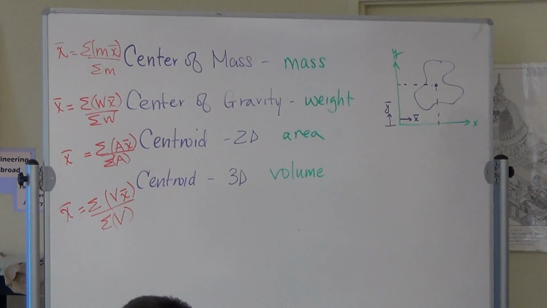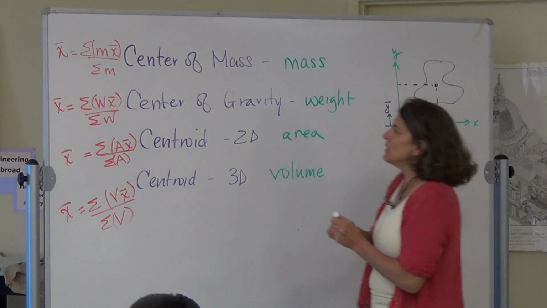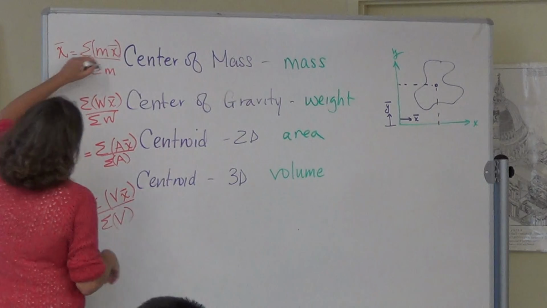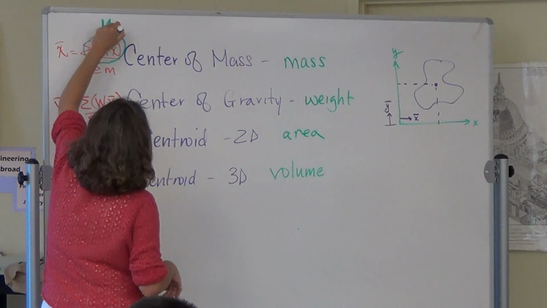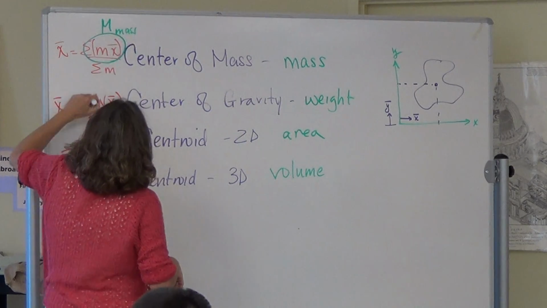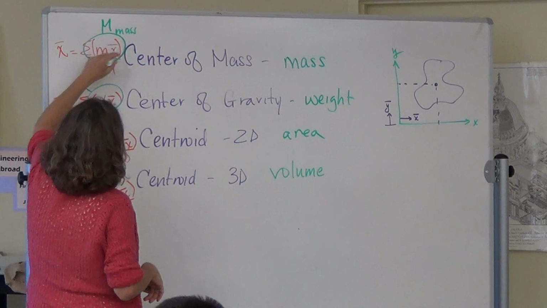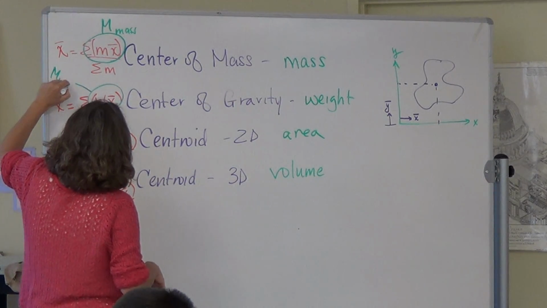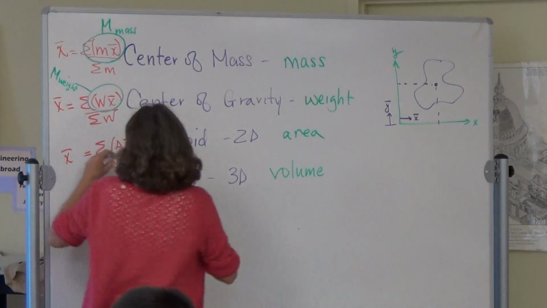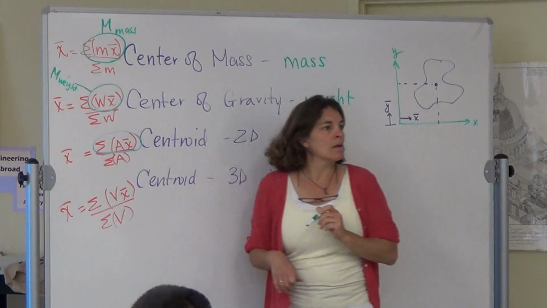And then in terms of units, JJ, what was the unit here for this? Remember we called this a moment, right? This is the moment of mass. Actually, give me the terms, JJ. Moment of mass, this is the moment of weight.